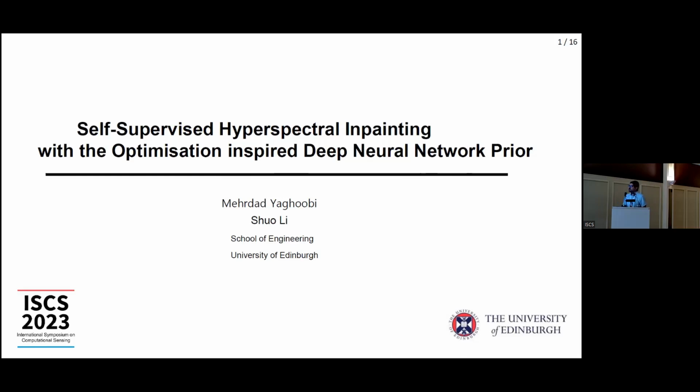We start by formulating the problem in the form of optimization, and then gradually I will show you how we can replace different components which are very expensive for the application of hyperspectral inpainting with some deep neural network, but used in a different way.